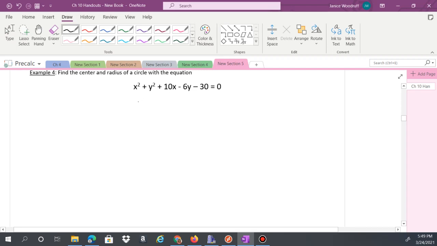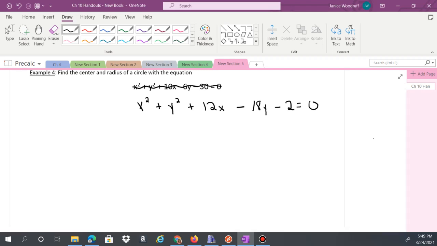So let's change this to x squared plus y squared, we'll do a 12x, I don't know, we'll do 18y, and then minus 2. It's probably not going to have a nice even radius, but that's okay. Let's go through and do this. Why don't you guys try it out for a second, and then we'll do it.